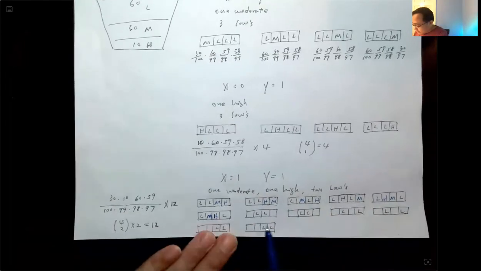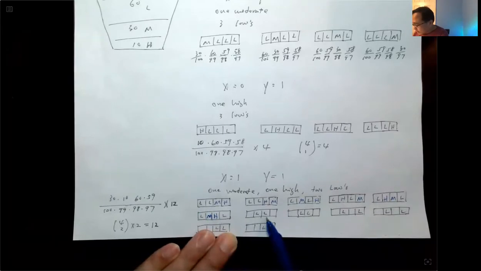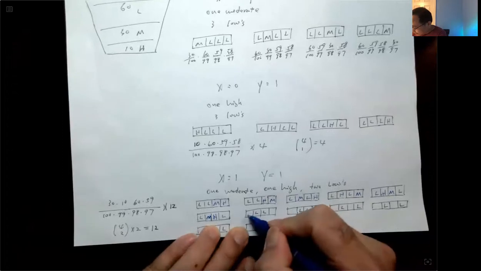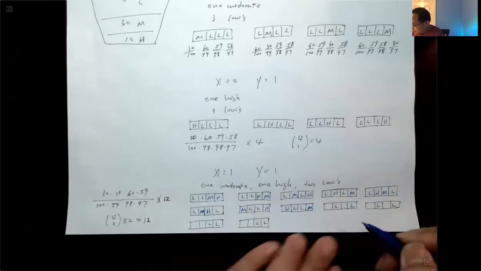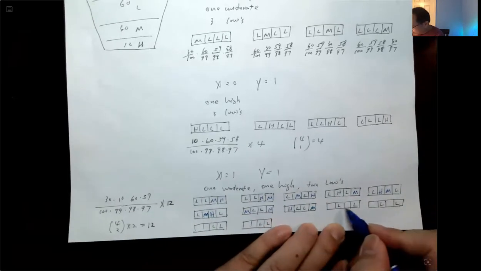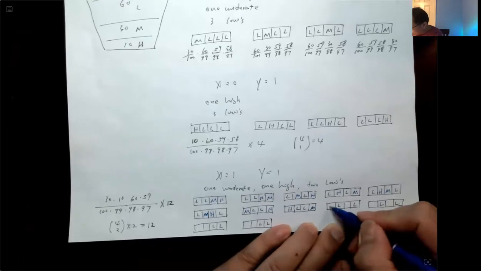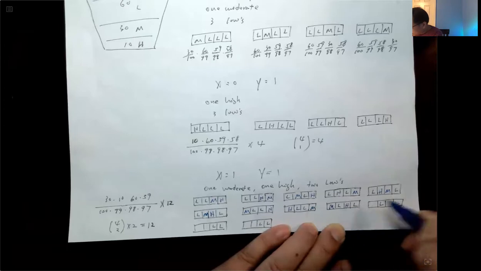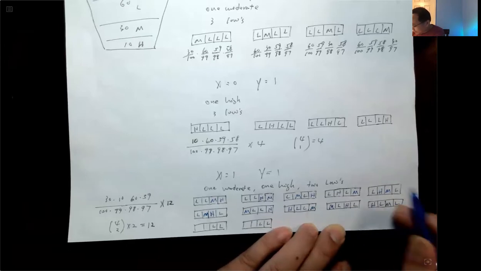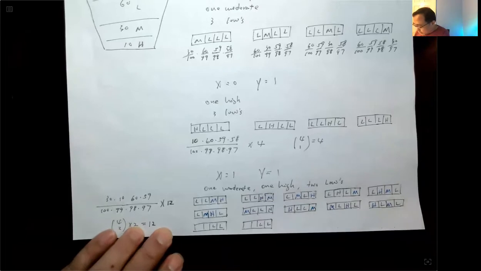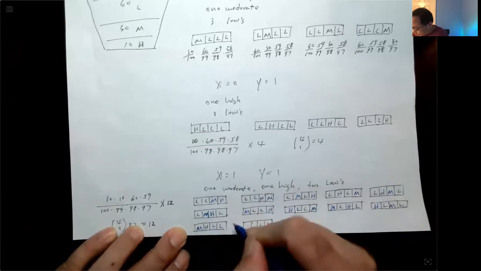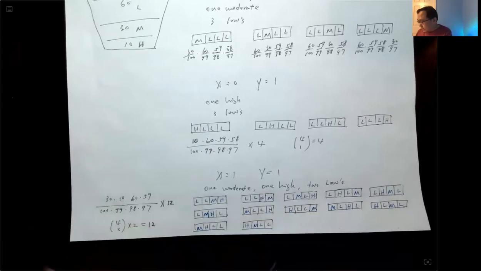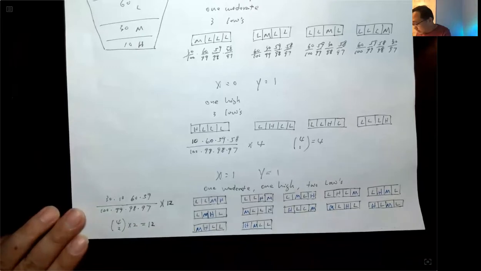Now I move the first L to the second place, and H, M, H. Do it again, move the second L to the last place, and finally all LL are in the last two places. So if you count how many combinations there are, 12.